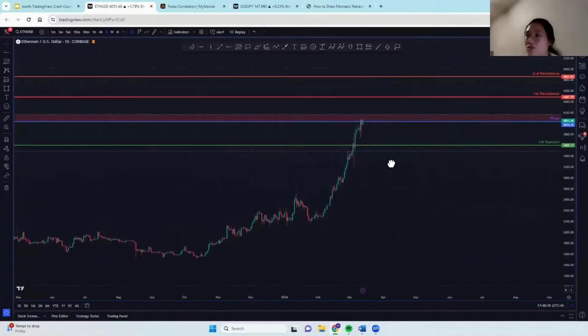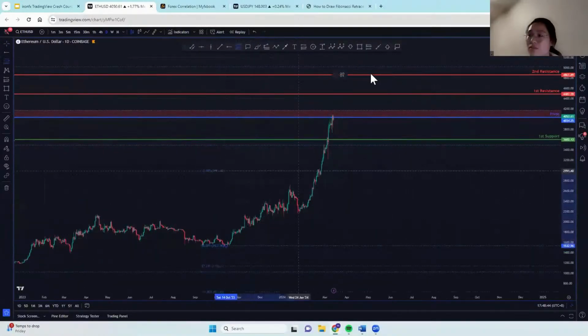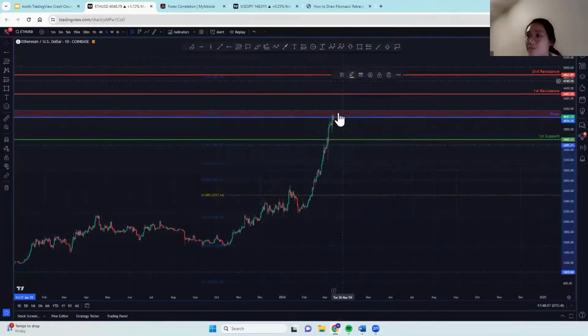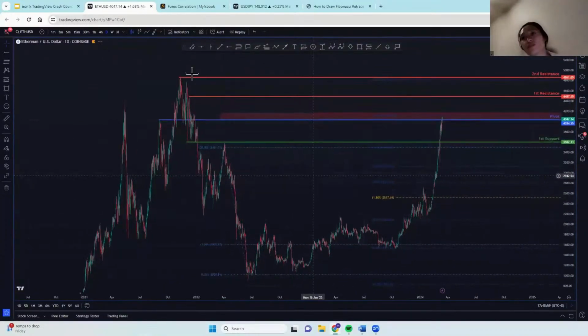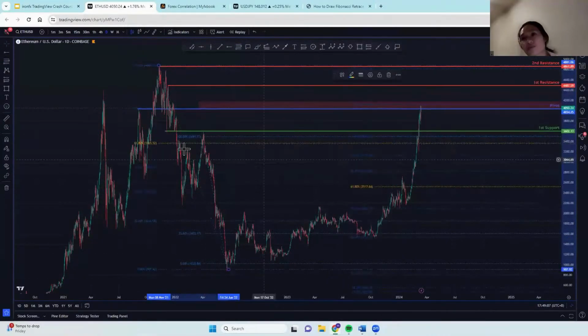And now I'm gonna use a retracement. You can see my 23.6 lines up with my first support. Again, looking for retracement, you can see my 78.6 lines up with my pivot.